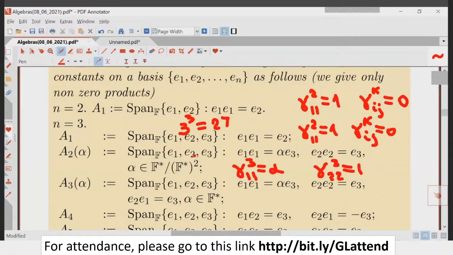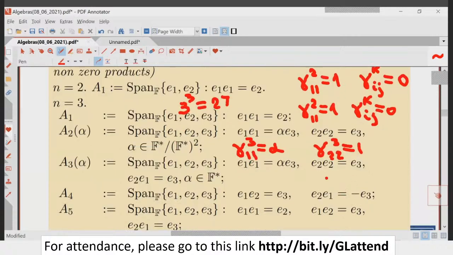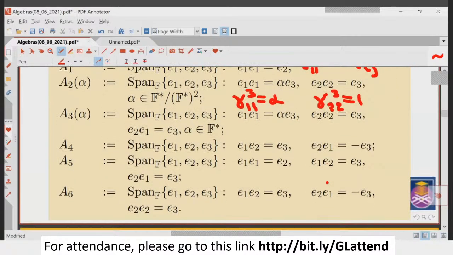In fact, here you have infinitely many associative algebras if F is an infinite field. If F is a finite field, then of course you will get only a finite number of associative algebras. The same here: gamma 113 is alpha, gamma 223 is 1, gamma 213 is 1, and alpha is any non-zero element.